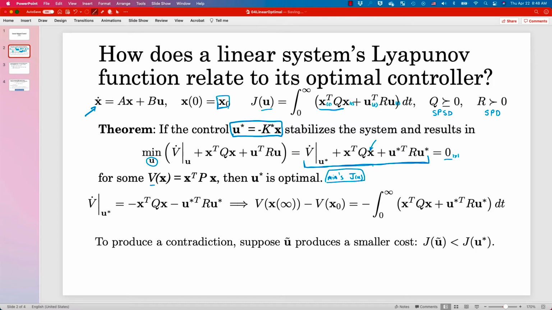Okay, so this is a bit of an end around, right? We're going to do some minimization on this function, and we're going to claim that that actually minimizes the thing that we want.